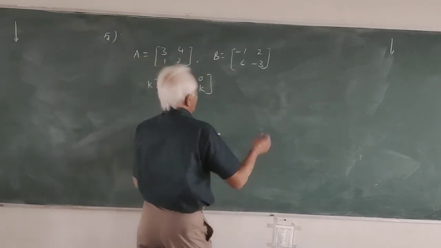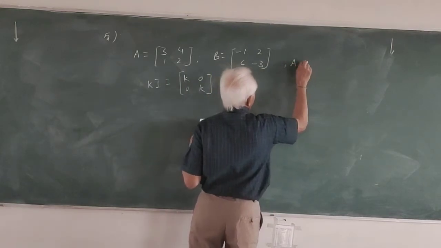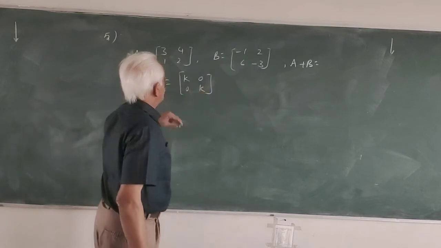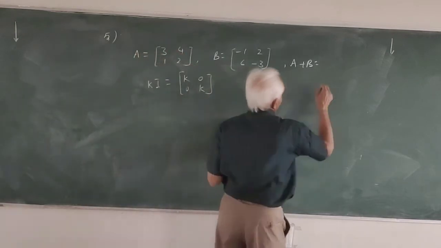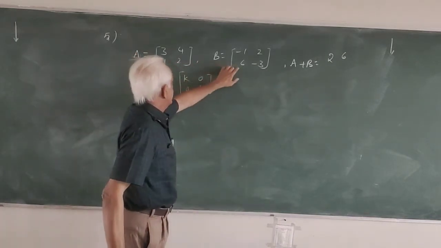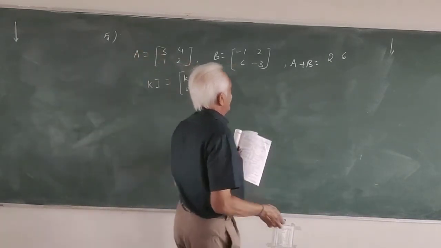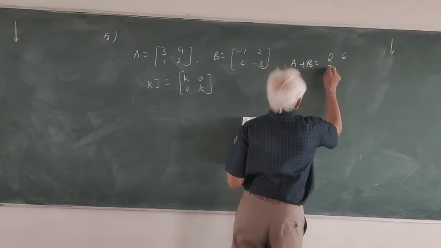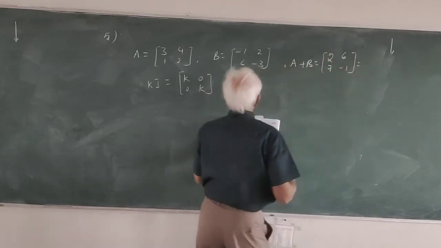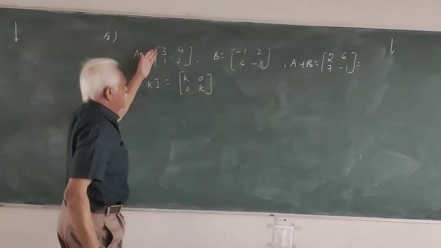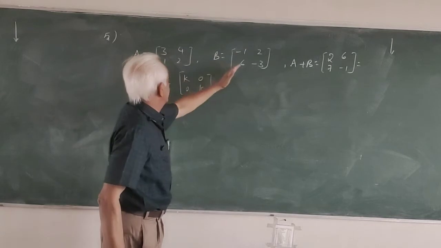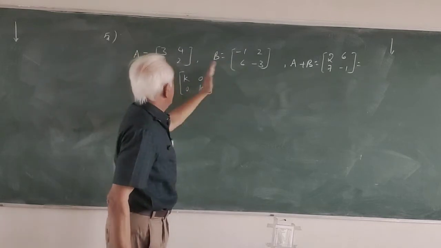You see, what is AB? 3 minus 1 is 2, 4 plus 2 is 6, 1 plus 6 is 7, 2 minus 3 is minus 1. Then, what is BA? Minus 1 plus 3 is 2, 2 plus 4 is 6, 6 plus 1 is 7, minus 3 plus 2.